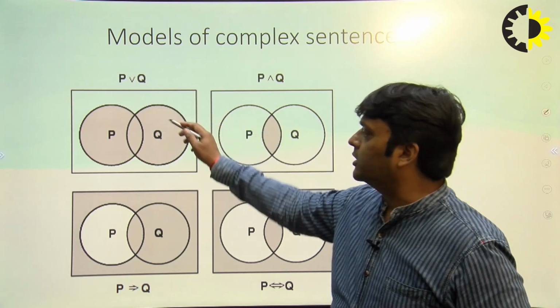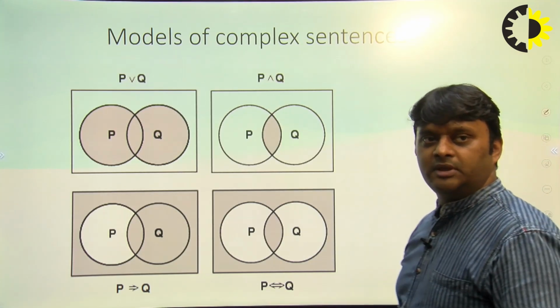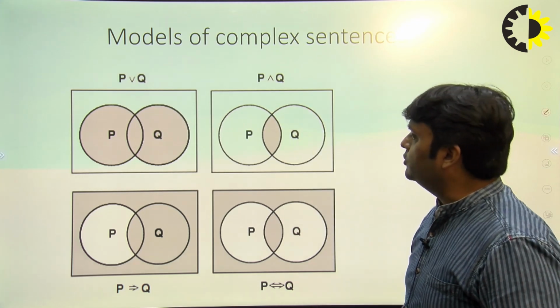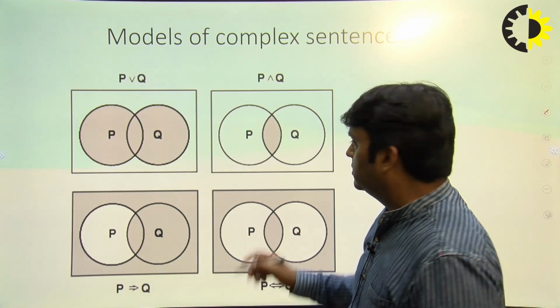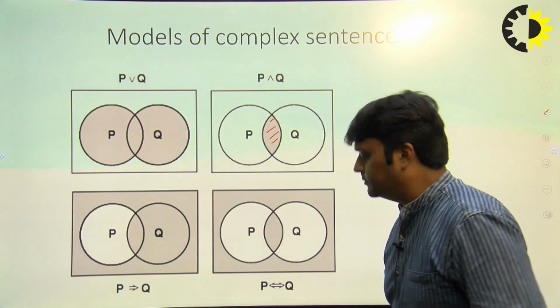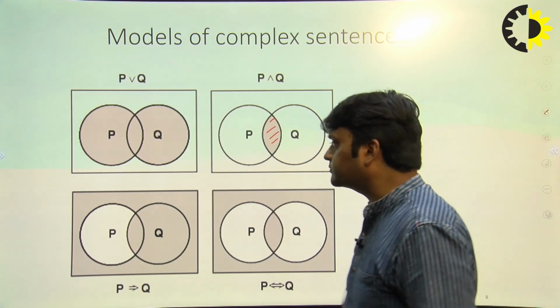So P or Q means the element belongs to P or Q, and P and Q means the common area of P and Q.